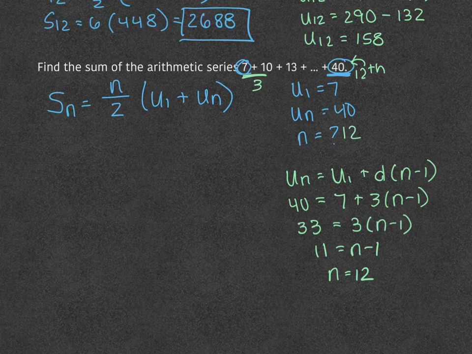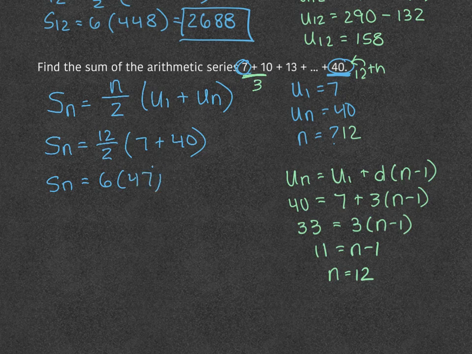So we're going to use that now to plug into my sum formula. So S sub n, there's 12 total terms. My first term is 7, my last term is 40. So we get 6 times 47, which equals 282.